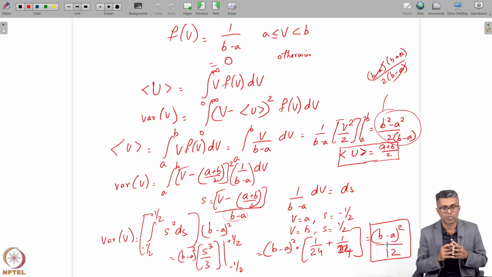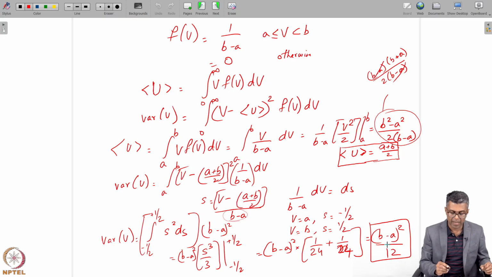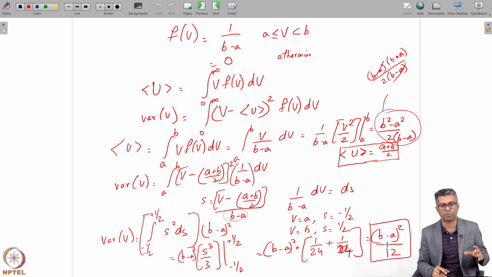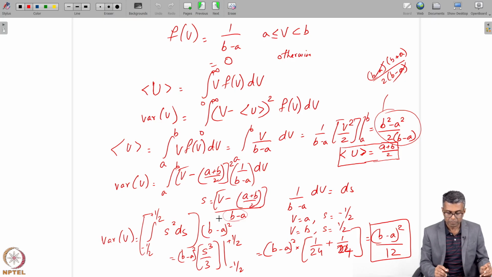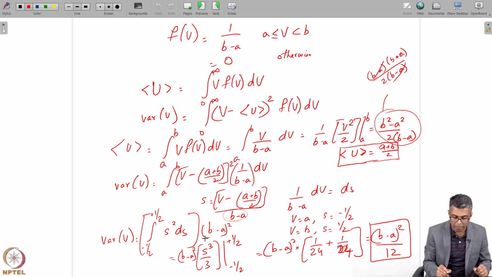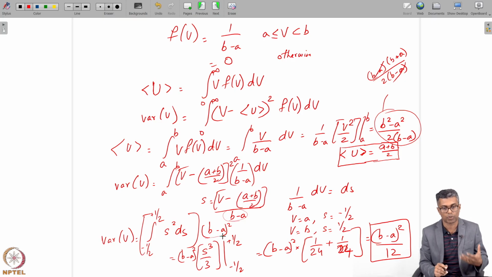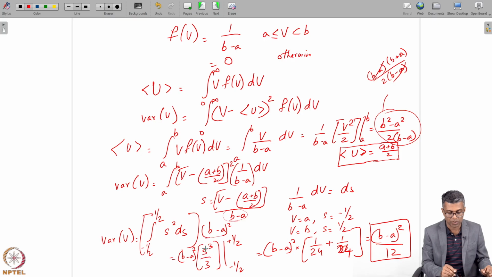Here it was just simple integration. All I had to do was make a substitution such that my limits become more straightforward to calculate. If I make the substitution that s is equal to (v − (a + b)/2) over (b − a), then I don't have that divided by (b − a) squared, so that is why I end up multiplying by (b − a) squared, and then I have s squared ds.